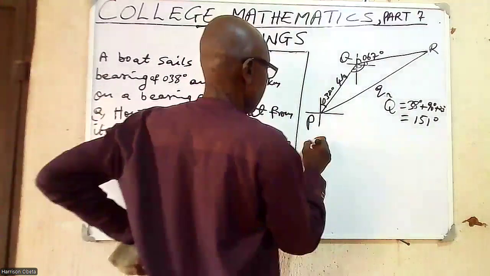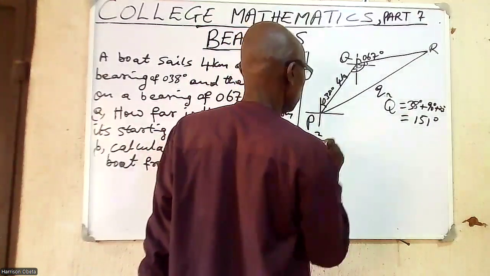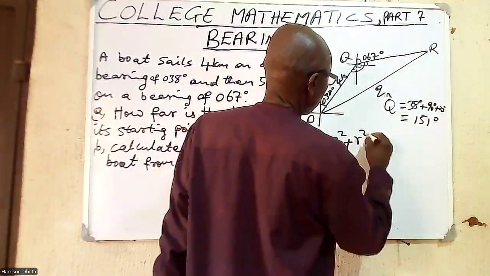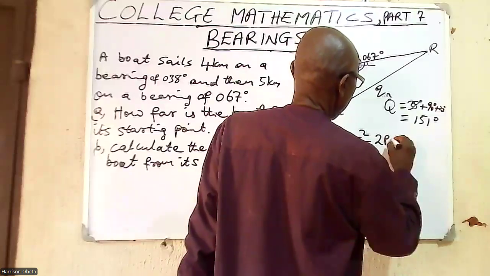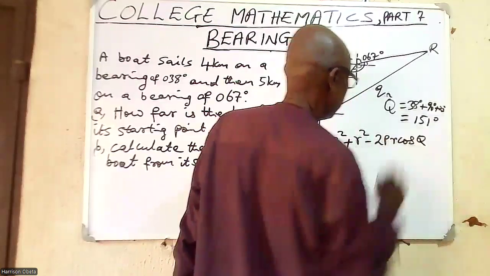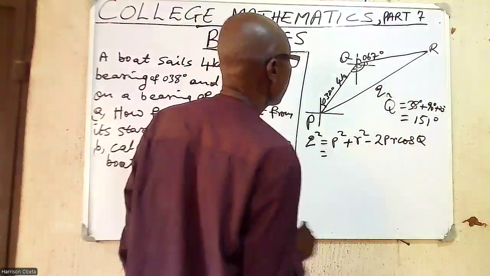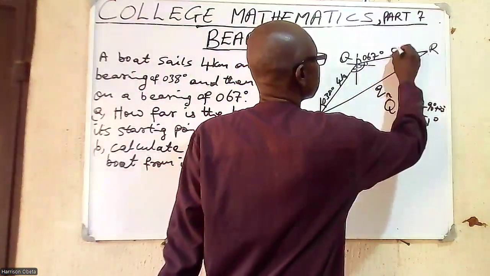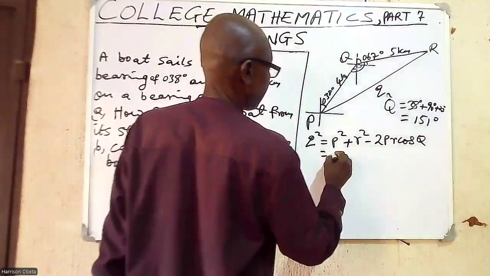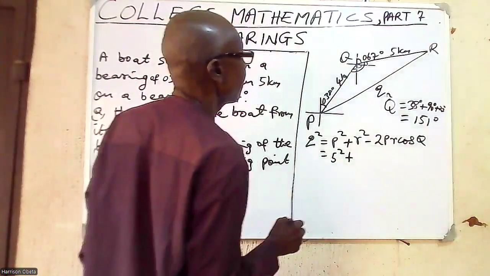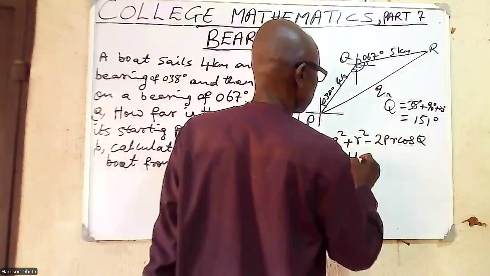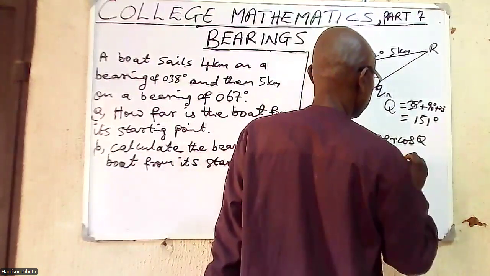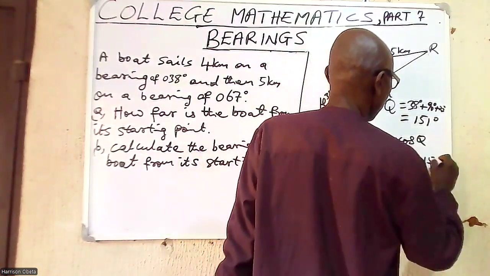So moving on, we have q squared is equal to p squared plus r squared minus 2pr cos Q. Our p is 5, that is 5 squared plus our r is 4 squared, minus 2 times 5 times 4 cos 151 degrees.